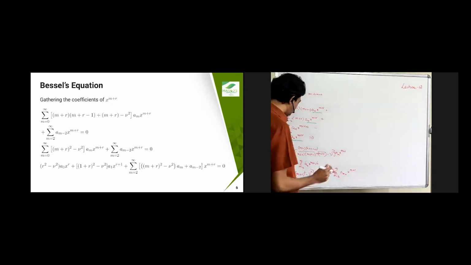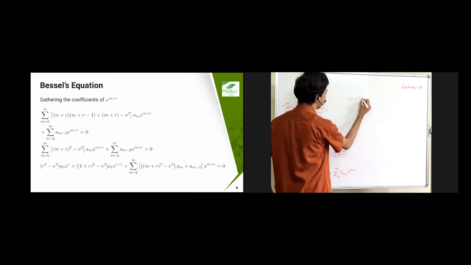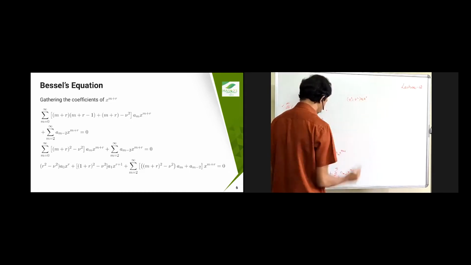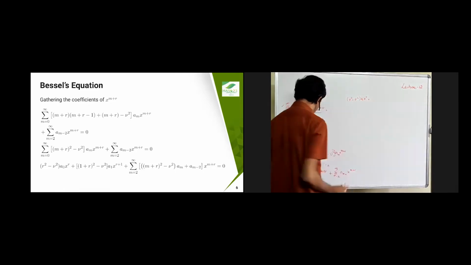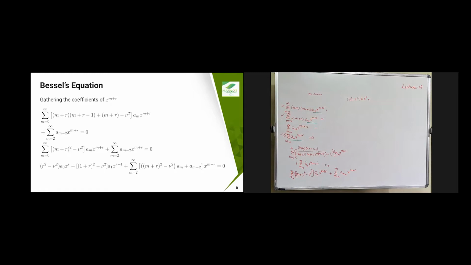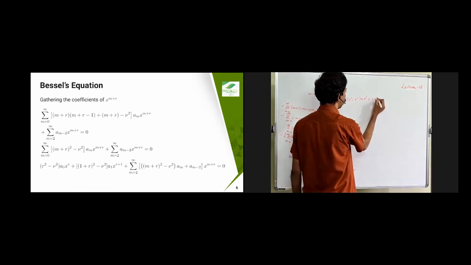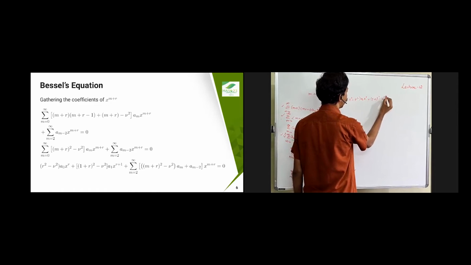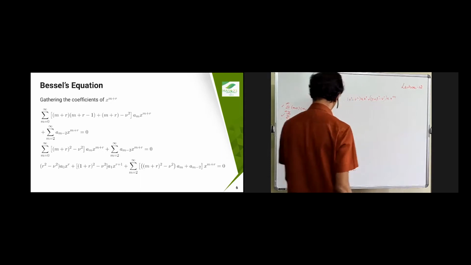So in the m equal to 0 case, that is going to become r square minus u square into a naught into x power r. Plus the second term, r plus 1 whole square minus u square into a1 into x power r plus 1.